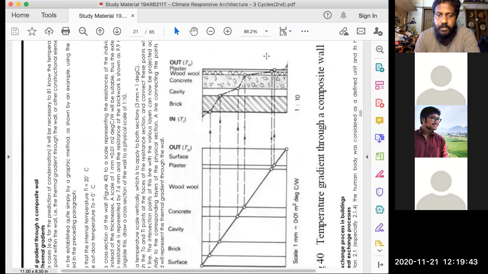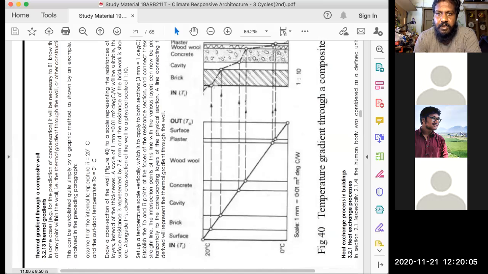The top part is the outer and the bottom part is the inner. The materials applied are a plaster layer on the outside surface, wood wool, which is an insulating material, a layer of concrete, an air cavity, and a brick.